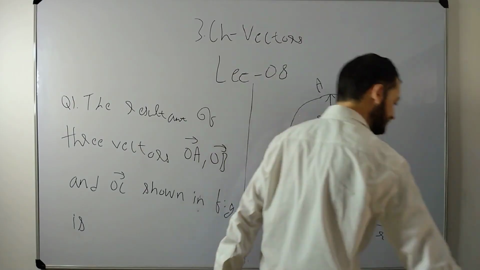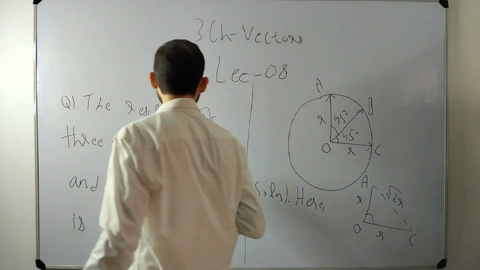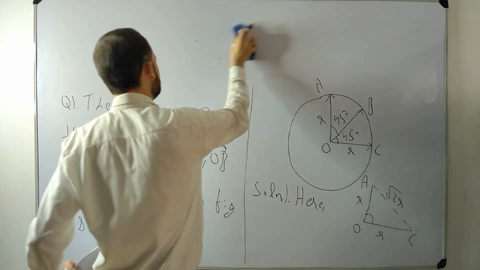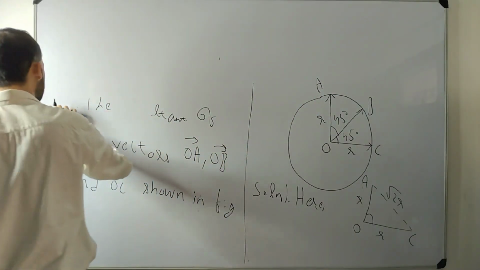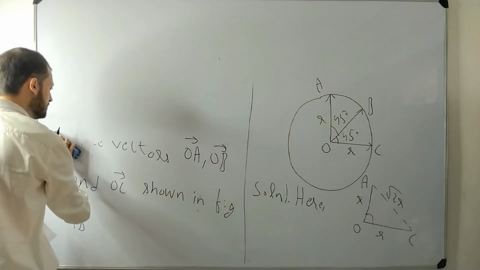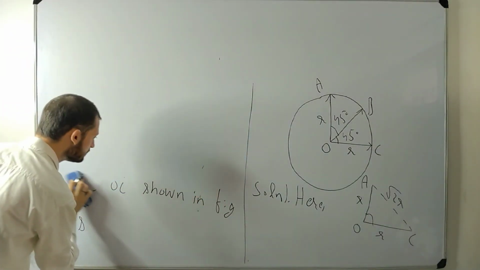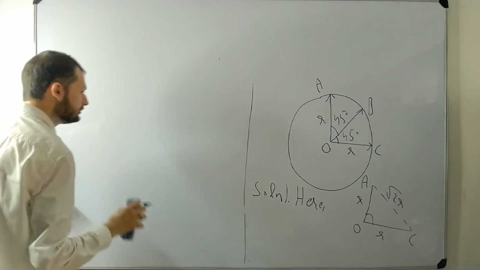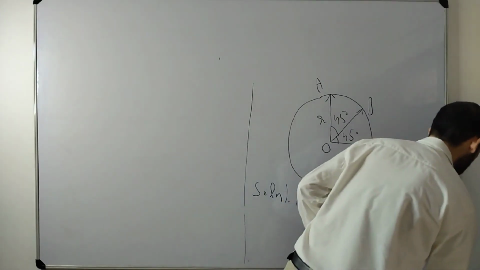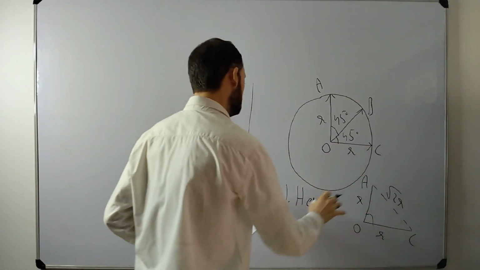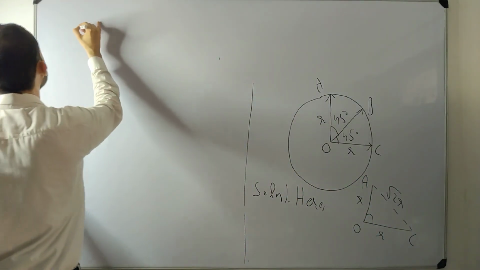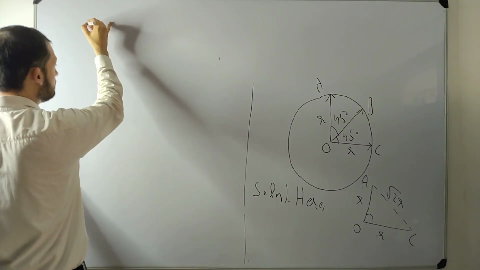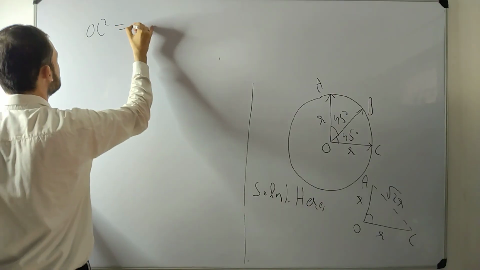Since this is the last lecture, students, this would be the hardest of all the lectures. So, applying the Pythagoras theorem, what would I write? AC square equals OA square plus OC square.